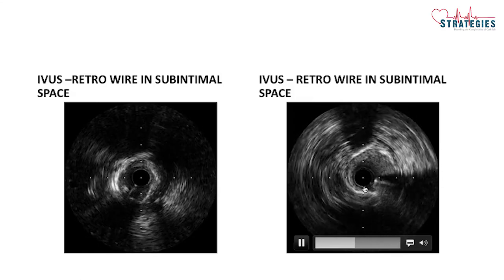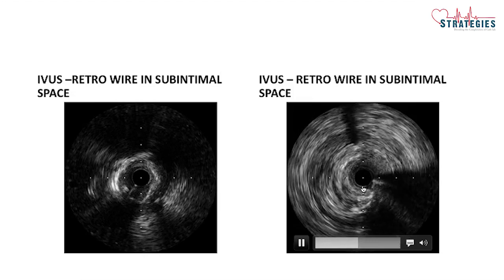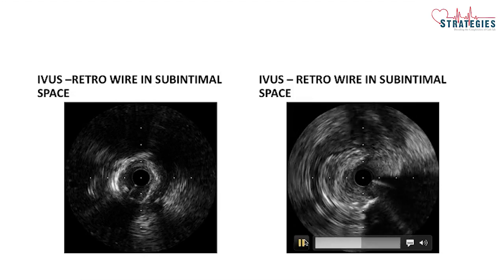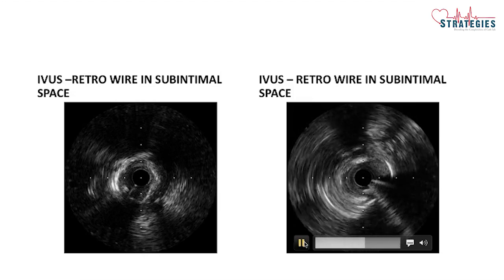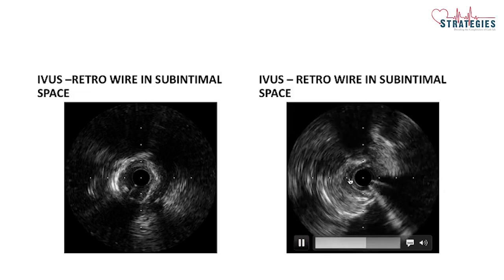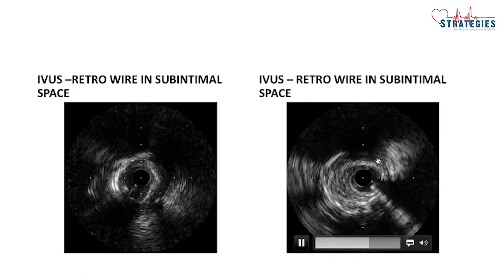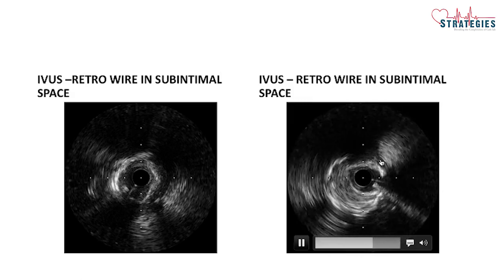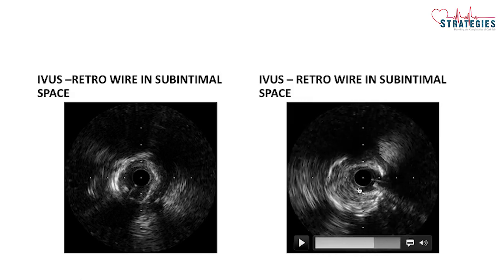And we are coming back into the LAD from the septal. Here you can observe, see, this is the wire. You can just see, it comes and goes. So the wire is in the subintimal plane. This is the true lumen and this is the subintimal plane.